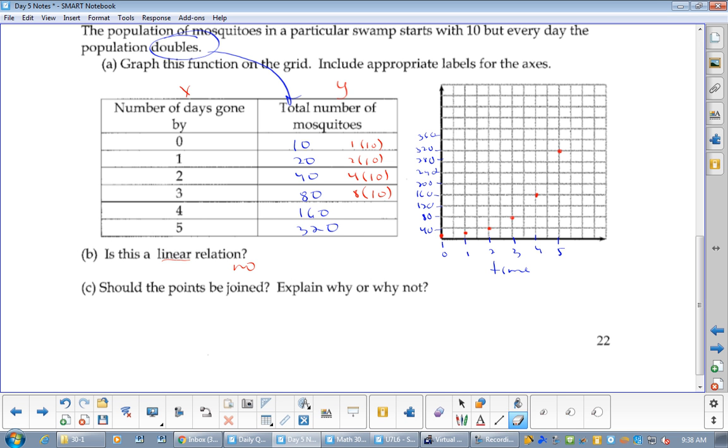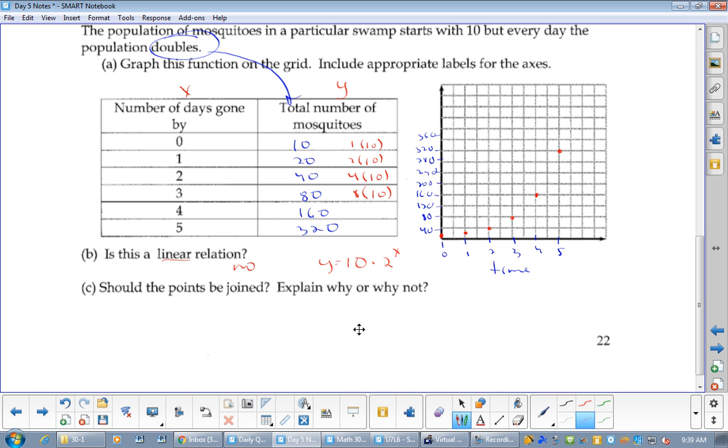Okay, so this would be the same thing as y equals 10 times 2 to the x. Okay, so just try it out. No, because you had 2 to the y. You said 2 to the y.